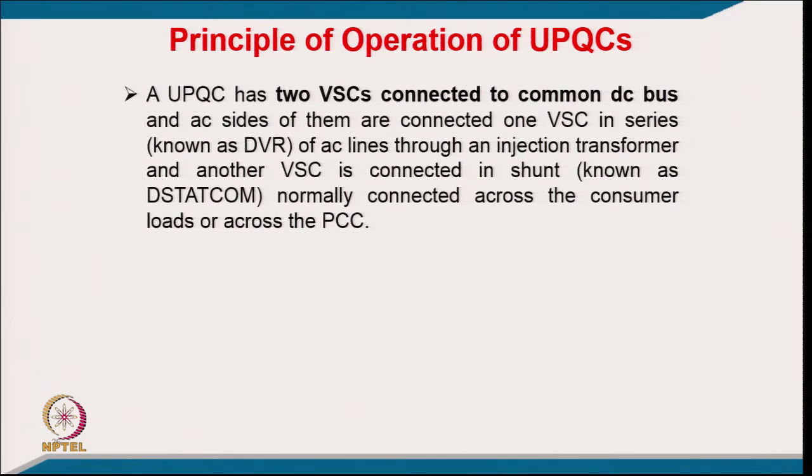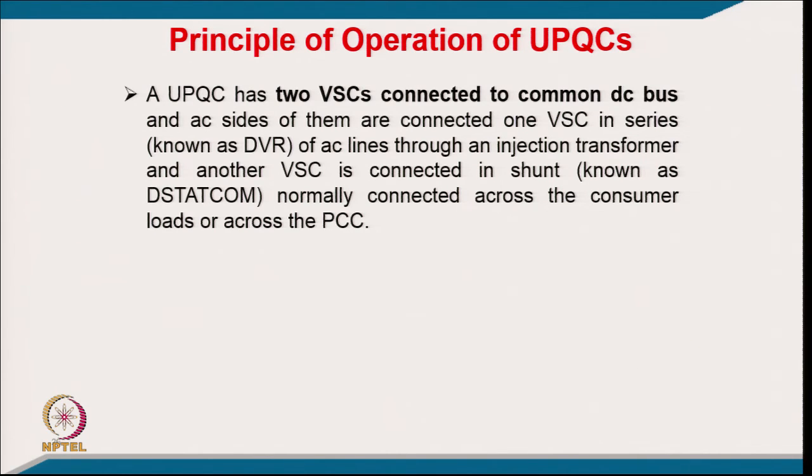Typically, coming to the principal operation, a UPQC has two VSC connected to a common DC bus, and the AC sides of them are connected: one VSC in series, known as DVR, to the AC line through the injection transformer, and another VSC connected in shunt, known as D STATCOM, normally connected across the consumer loads or across the PCC.